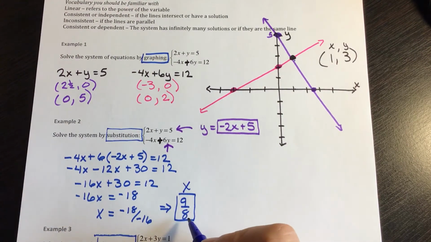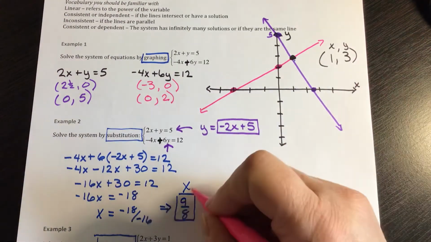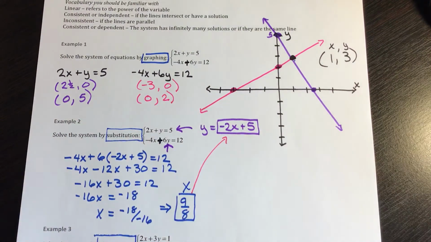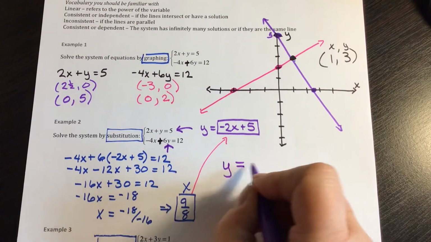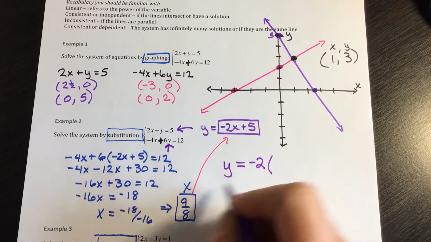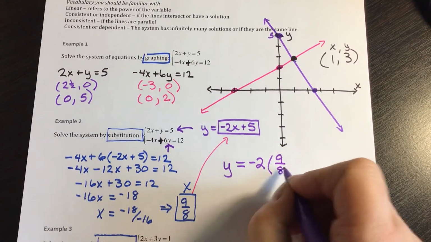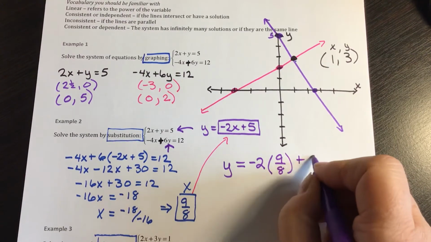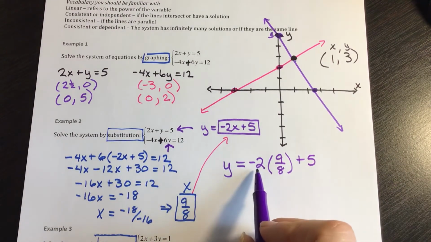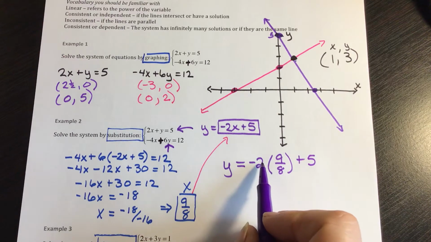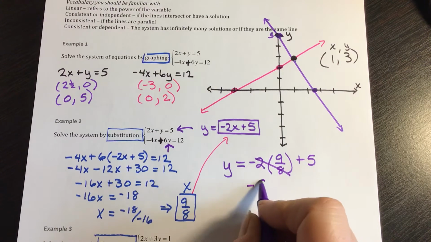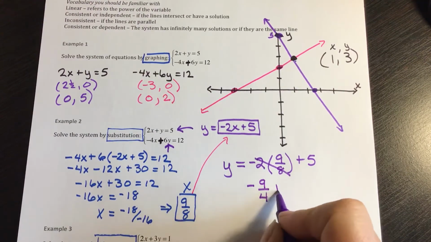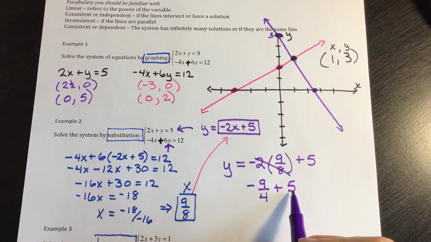So in this case, x is 9/8. Now I need to plug it back into an equation to find out what y equals. So I'm going to send it back to this equation, and I will find that y equals negative 2 times what x equals, which is 9 over 8, and then plus 5. If I cancel here, this would be negative 9 over 4 plus 5.